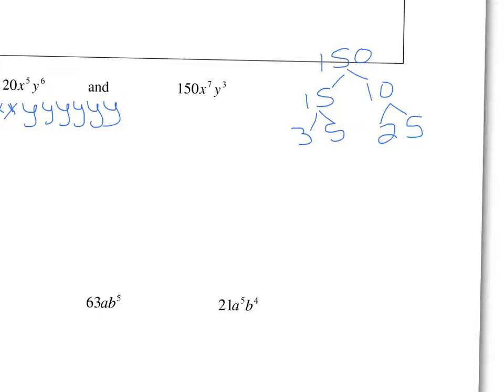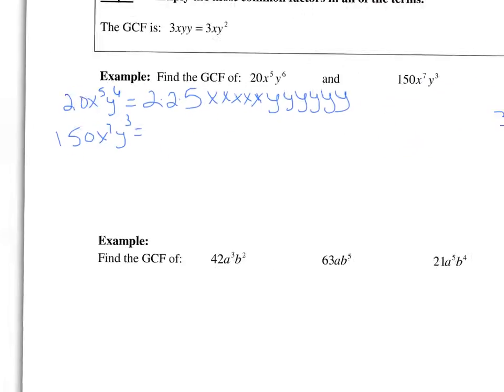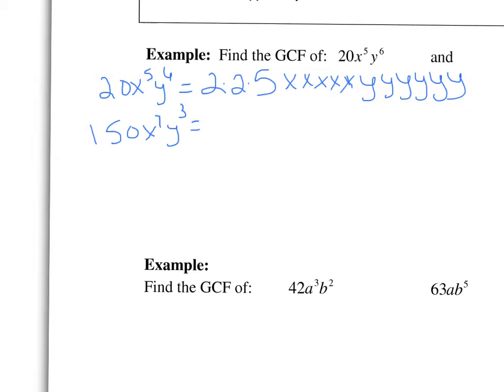So those are the prime factors of 150. 2 times 3 times 5 times 5. So I'm going to write them over here. 2 times 3 times 5 times 5. And then we have 7 x's and 3 y's.